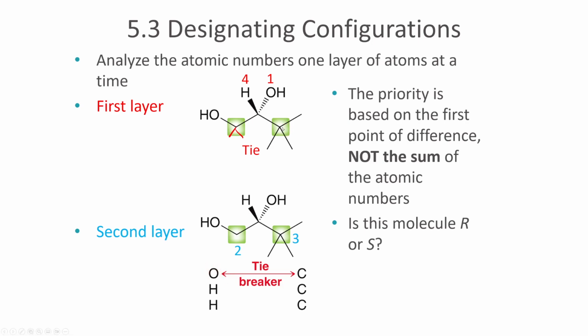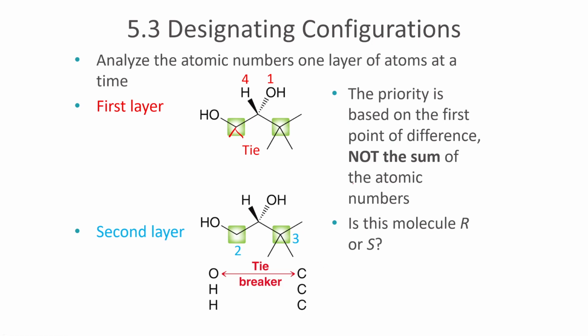Because on the right side, we have 3 carbon atoms attached. 1, 2, 3. 3 carbons. If you added these up, these would be 18. But that doesn't matter. What matters is that the oxygen is highest priority connected to this carbon. The carbon is the highest priority connected to this carbon. And so oxygen beats carbon. So this left side gets designation 2. This right side gets designated 3.